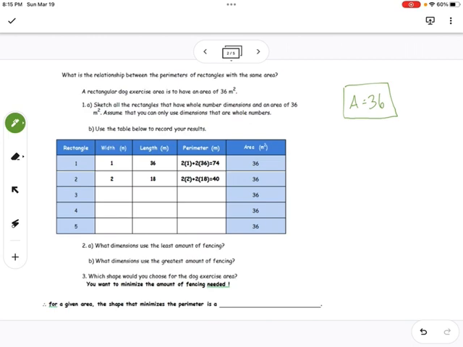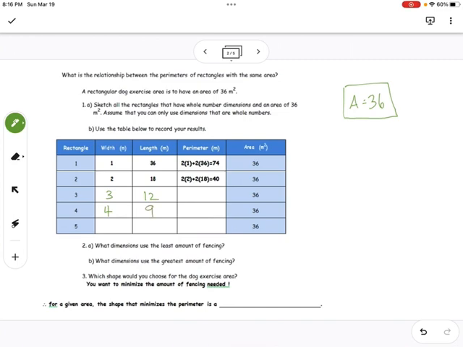Okay, so if next we had a width of 3, 36 divided by 3 is 12. So that's our next option. And if we had a width of 4, 36 divided by 4 is 9.